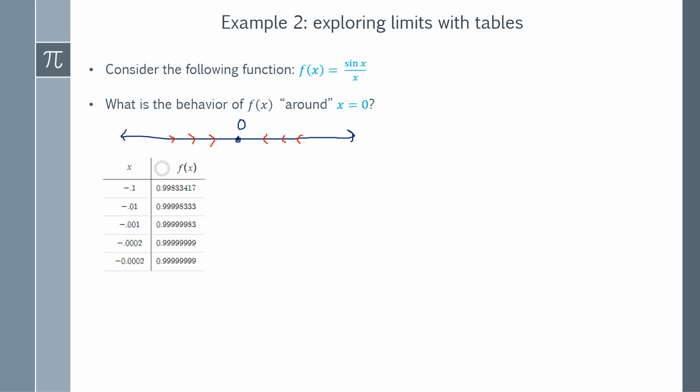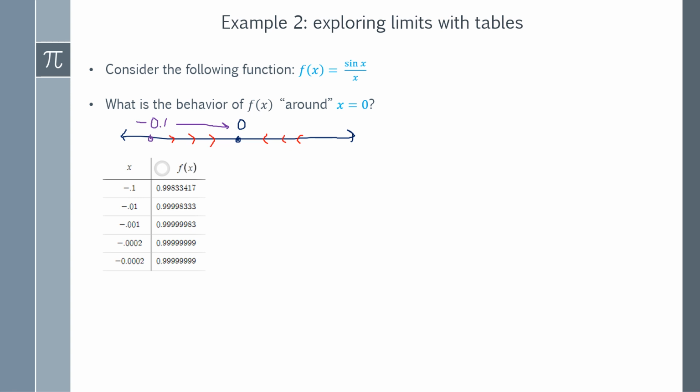This table represents the behavior of the function as we approach 0 from the left. Let's say we start with negative 0.1, somewhere over here, and then we increase our values as we approach 0 from the left.